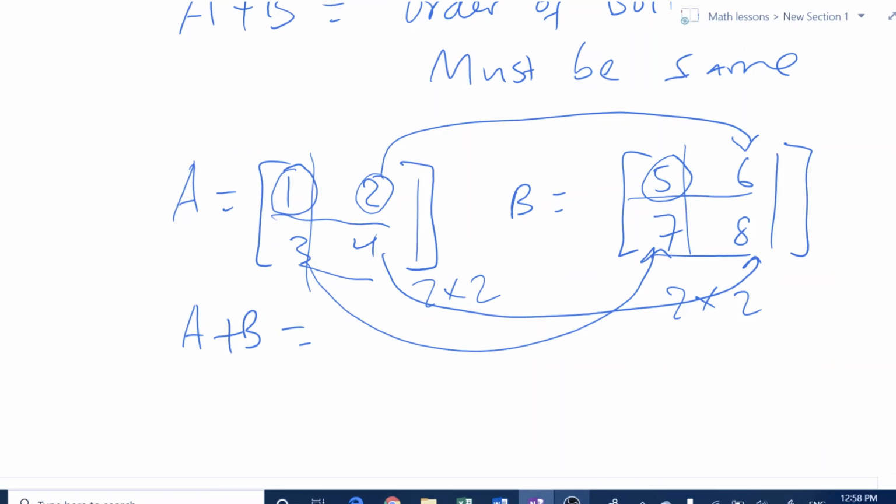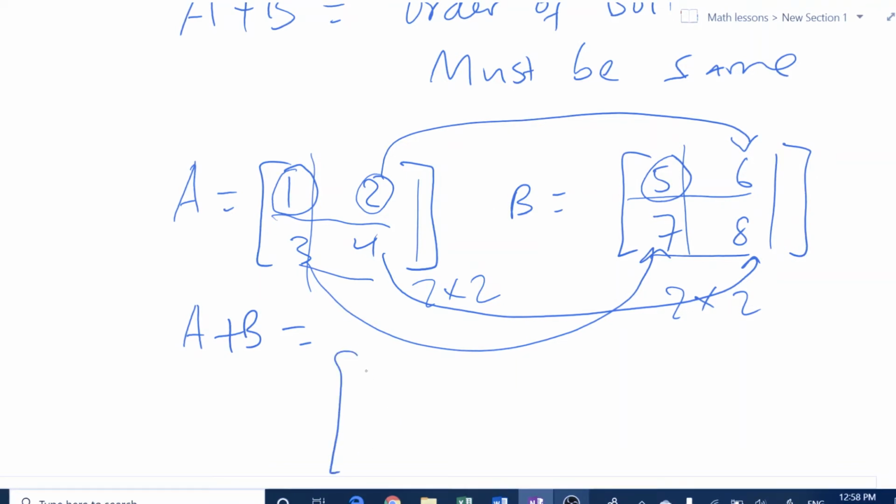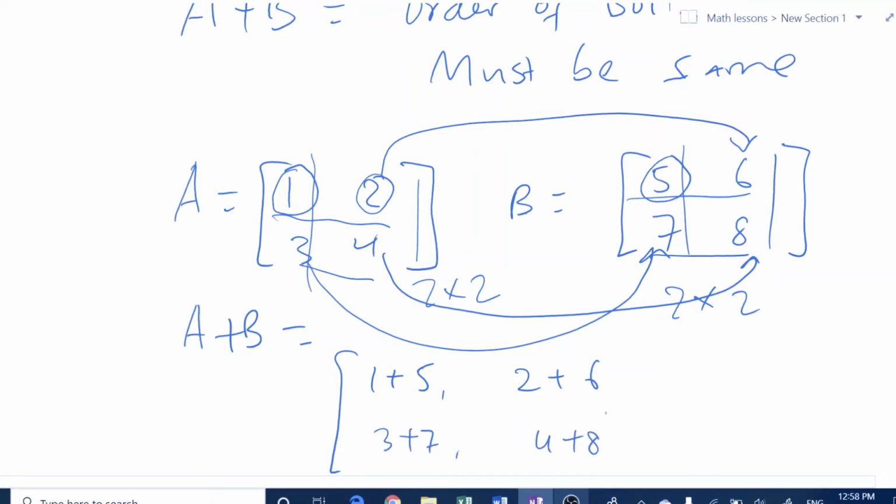So the first element in the first row of A is added to the first element in the first row of B: 1 plus 5, then 2 plus 6, 3 plus 7, and 4 plus 8.